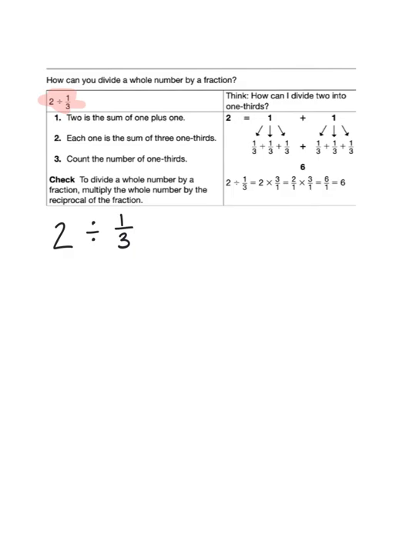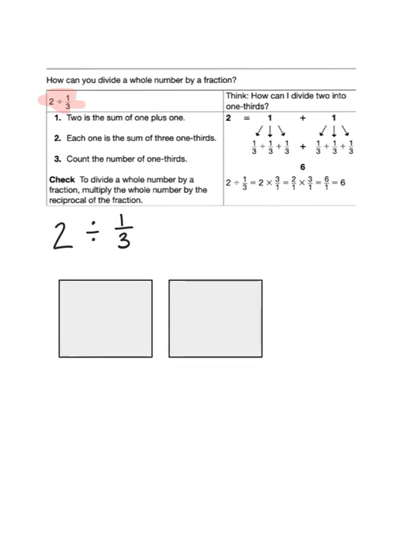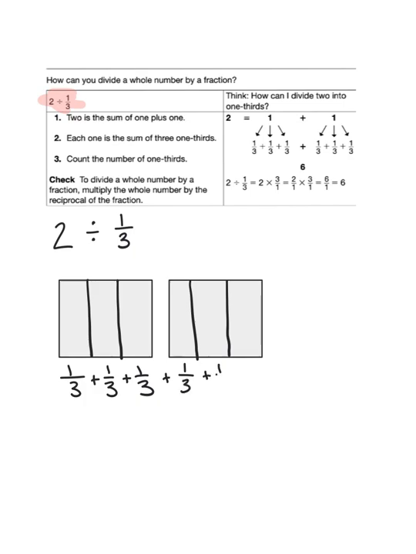I can show this with an area model. Here's one whole, and here's another whole. When I divide them into thirds, I can show 1/3 plus 1/3 plus 1/3 plus 1/3 plus 1/3 plus 1/3.